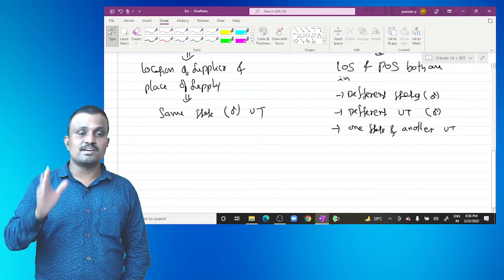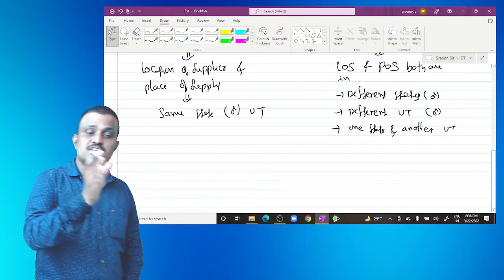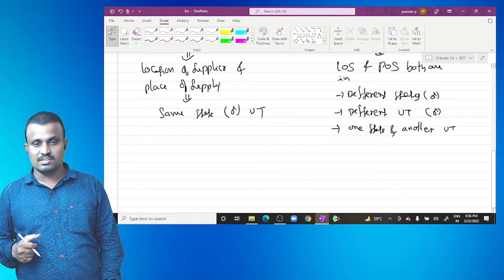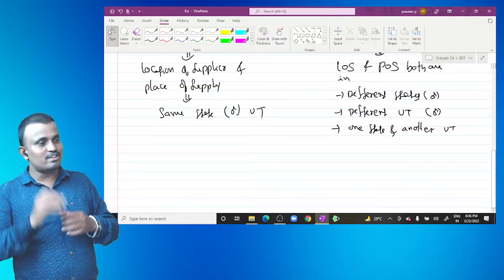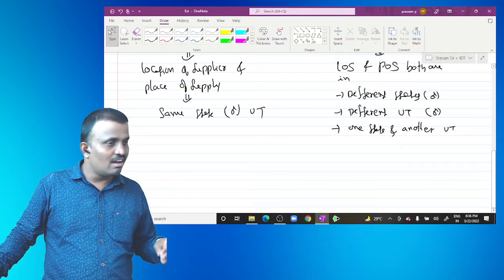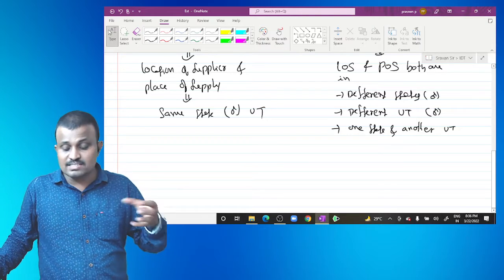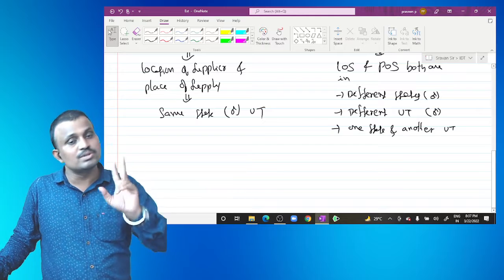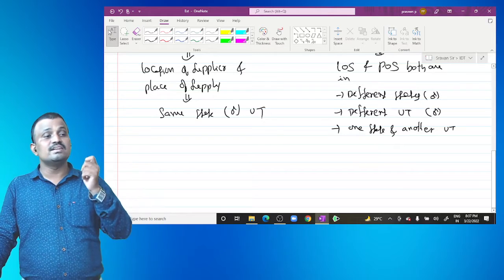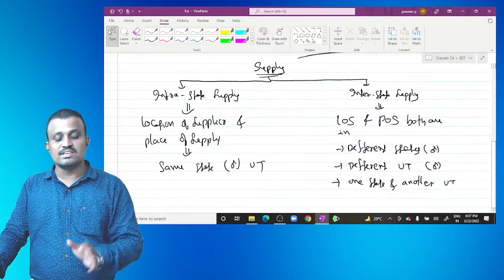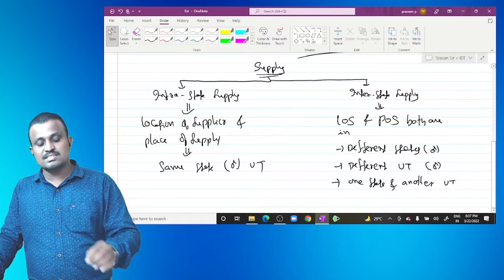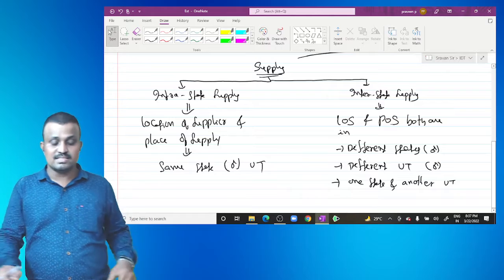If Mr. A located in AP provides service to Mr. B located in Puducherry, in that way, if location of the supplier and place of supply are in different states or different union territories, or one in a state and another in a union territory, it is interstate supply. So this is the classification of supply: intrastate supply and interstate supply.